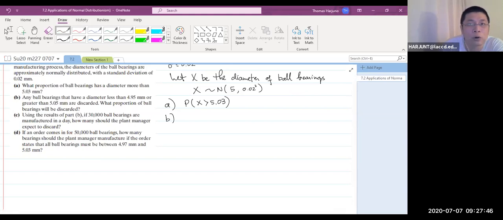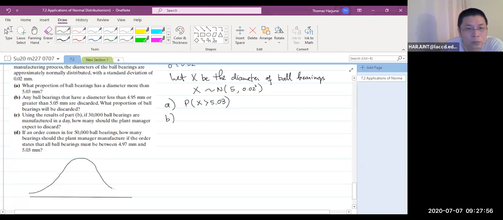So if we take a look on our curve, the mean is 5. Okay, now they say that anything less than 4.95, or more than 5.05 will get discarded. Okay, so the question is what portion will be discarded.